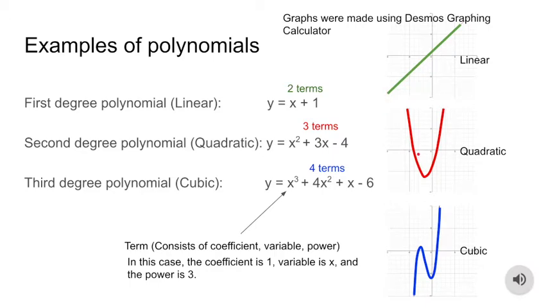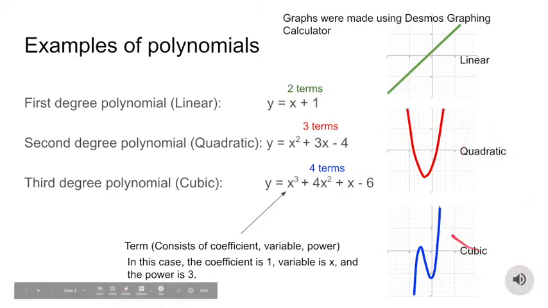Now, since the first one, the graph I'm talking about, does not turn at any point, it's a straight line. This kind of graph is called a linear graph because it's a line like in linear. It has 2 terms as seen in the function shown on the left. You can also see these other examples such as this one in red and this one in blue.